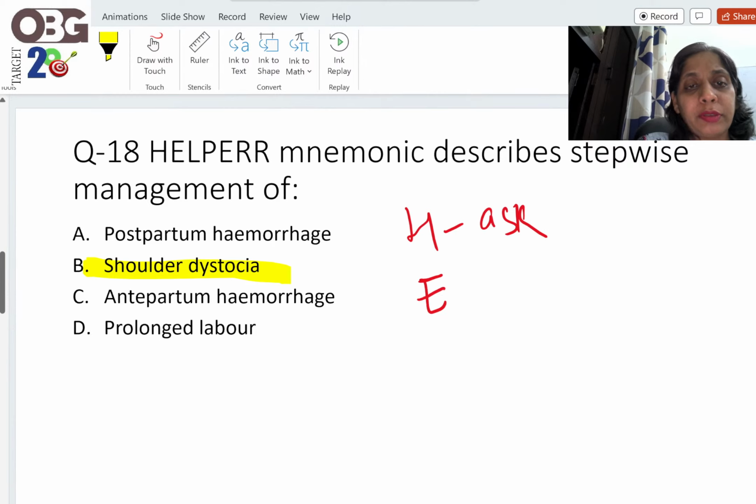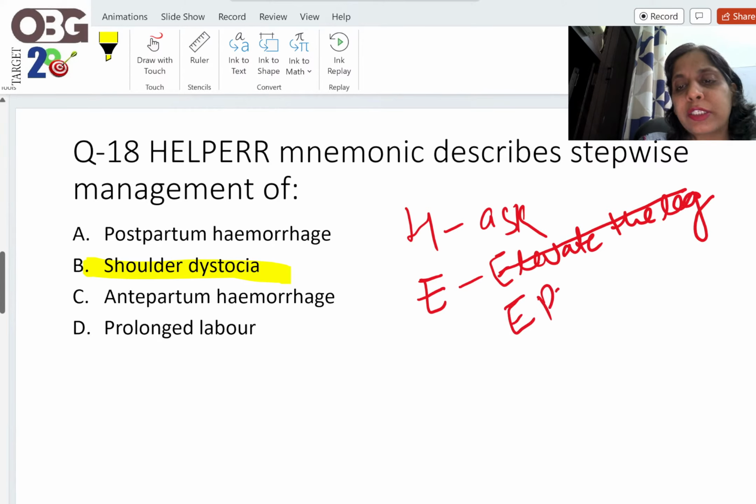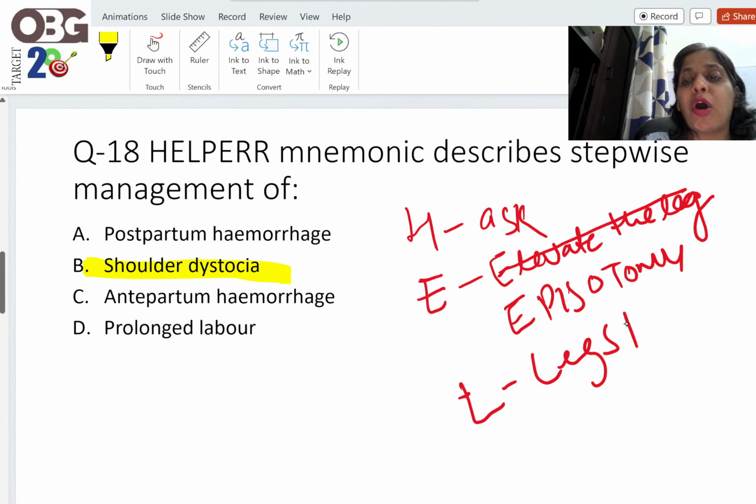E stands for elevate the leg, or you can say episiotomy. Okay, episiotomy. And L stands for legs flexion, or you can say McRoberts maneuver.